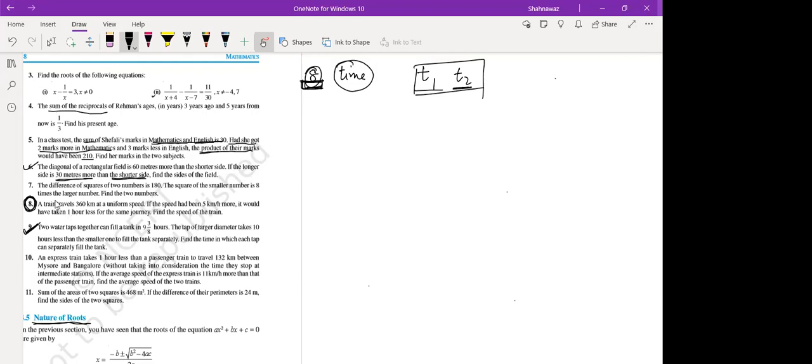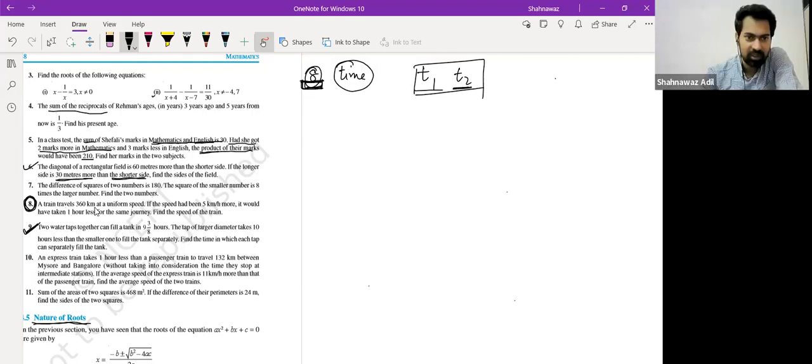So a train travels 360 km at a uniform speed. Let us assume the uniform speed is x, and the distance is 360. So what would be the time t1, Madiha?